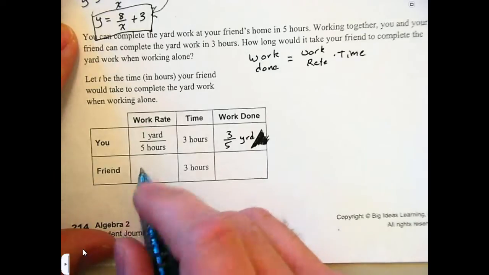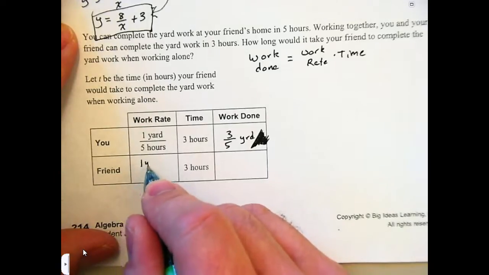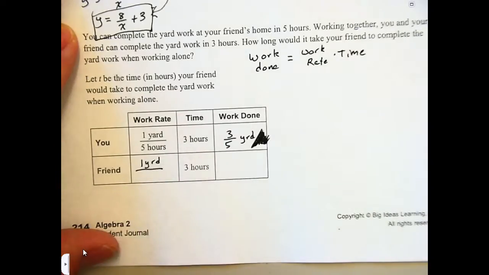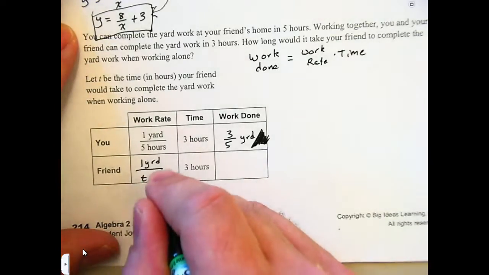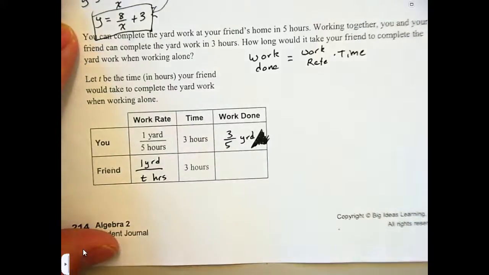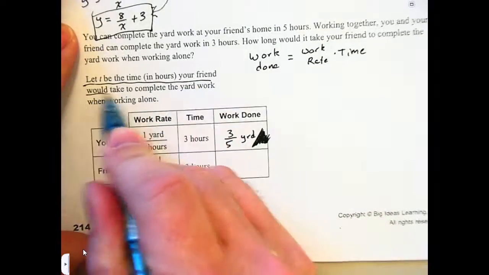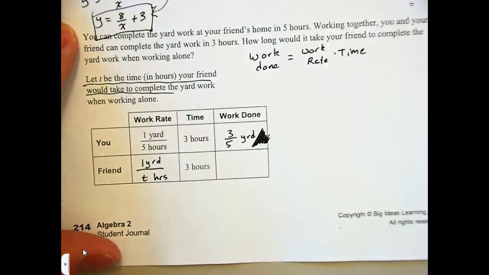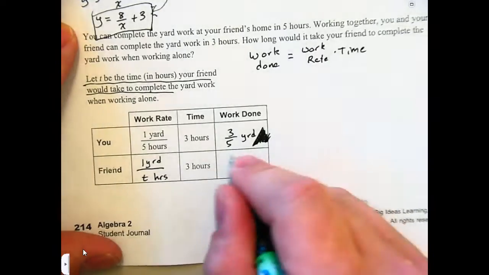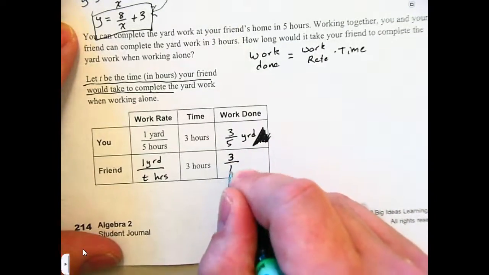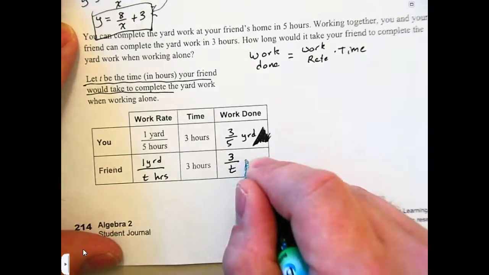If we do this, this would be your friend does 1 yard in T hours. They tell you that here. And so that would give you a rate of 3 over T yards.